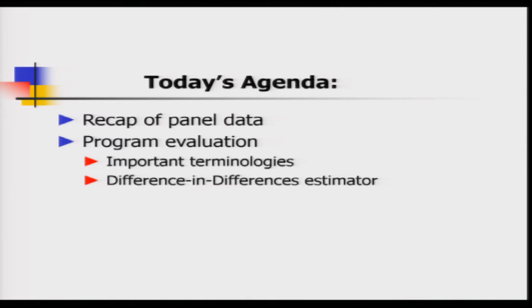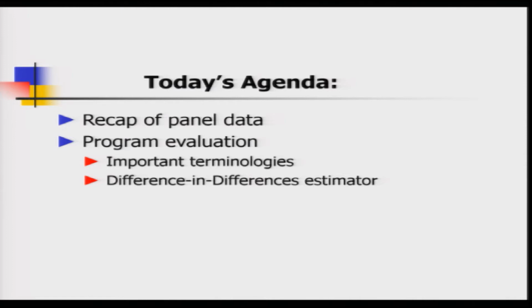We will first start with some motivation, and then we will cover important terminologies which exist in the field, and without knowing them you can't really appreciate what program evaluation is all about. And finally, we are going to cover one estimator which is very popular in applied program evaluation, and that is called the difference in differences estimator.